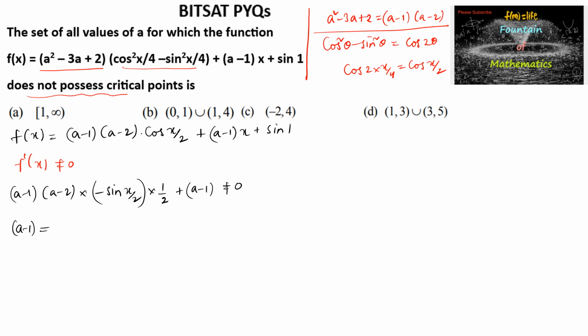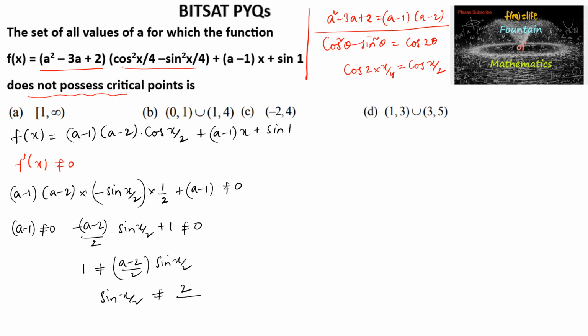So we can write a − 1 is not equal to 0, and for the other part we can write −(a − 2)/2 sin(x/2) + 1 is not equal to 0, or we can write 1 cannot be equal to (a − 2)/2 sin(x/2), or we can write sin(x/2) cannot be equal to 2/(a − 2).